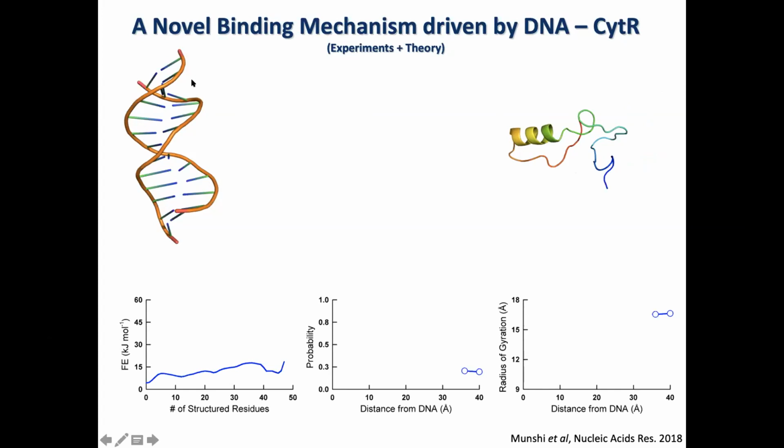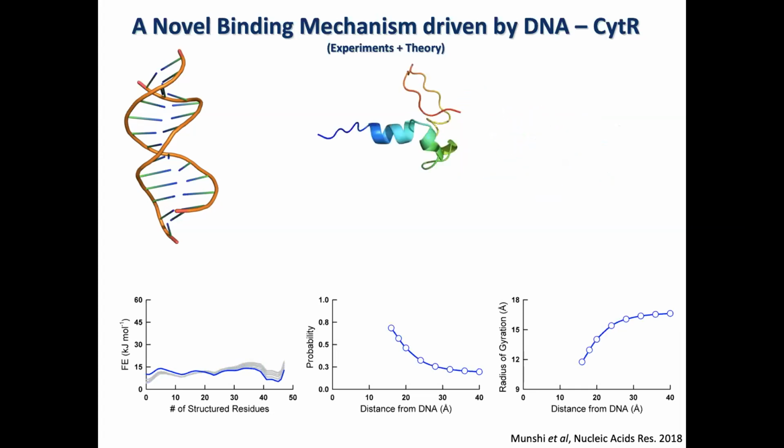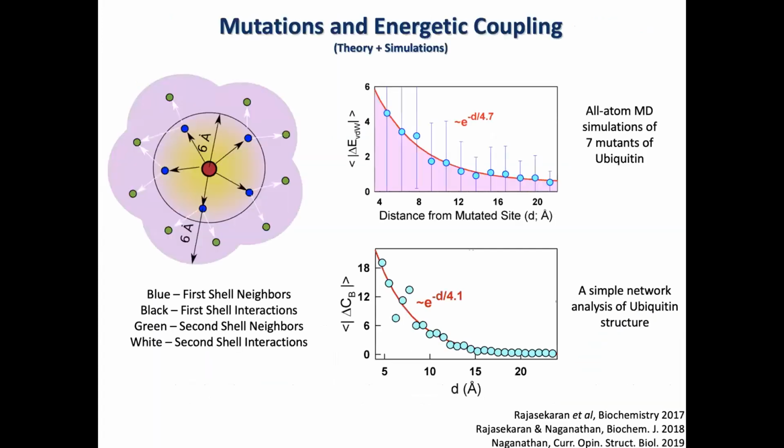But the moment it's within the electrostatic field of this particular DNA molecule, the field actually shields the positive charges from seeing each other. I'll just briefly tell you what happened really. Our initial proposal was that it's primarily driven by electrostatics.